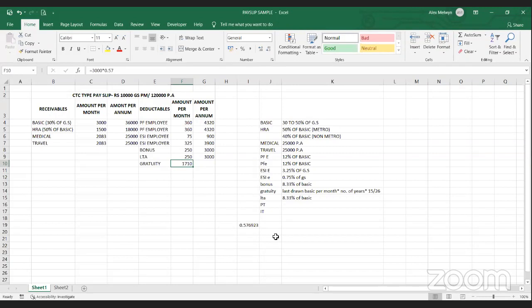You can even cross verify: 3,000 into 15 divided by 26, which is 1,730 if you want. So this will be the per annum amount. This has to be divided by 12 to get the per month figure.